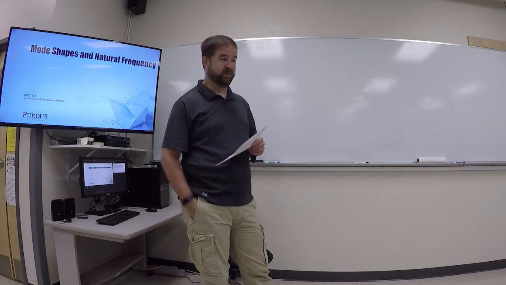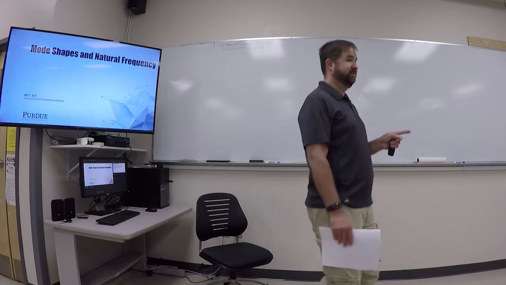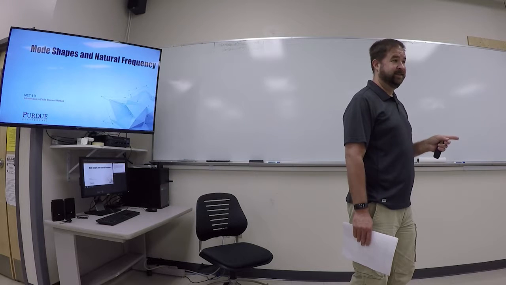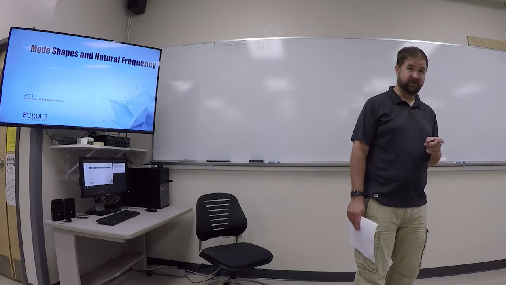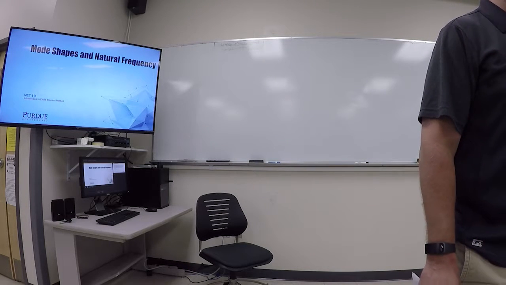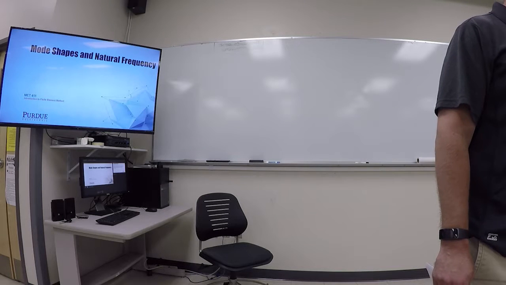Let's count them. If I call that the x direction, I can move in one direction. That's 1. This is the y direction. That's 2. So continuing that process, how many different ways can it move?